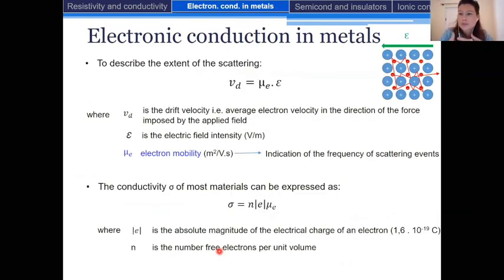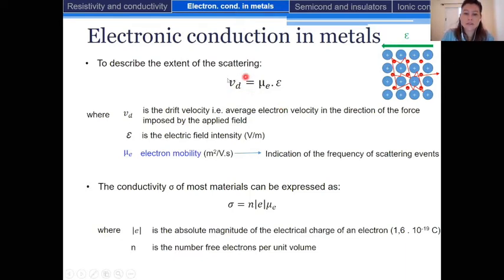So to describe the extent of the scattering phenomena, we have this relationship involving the drift velocity, which is Vd, which is the average electron velocity in the direction of the force imposed by the applied field. Since it is a negative charge, it goes in the opposite direction to the applied field, so it is going in that direction.